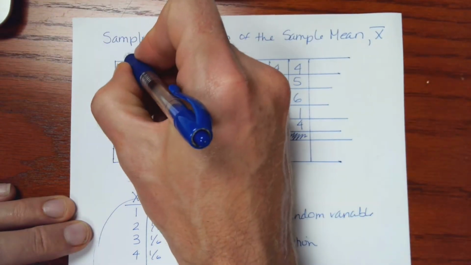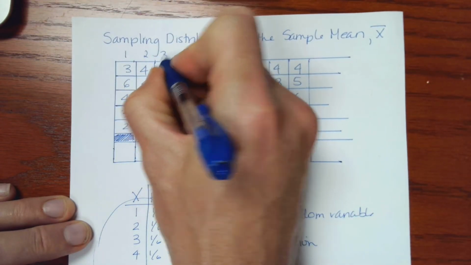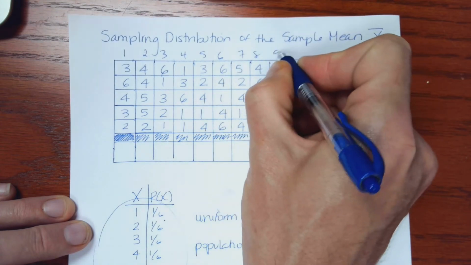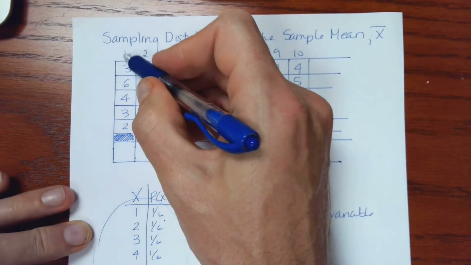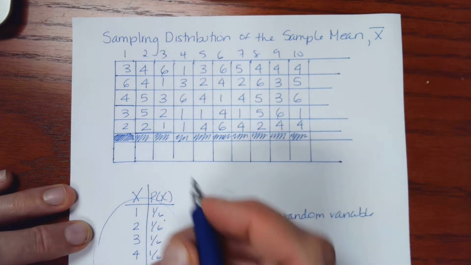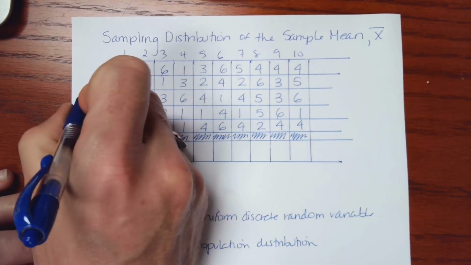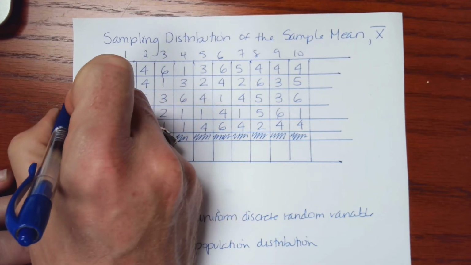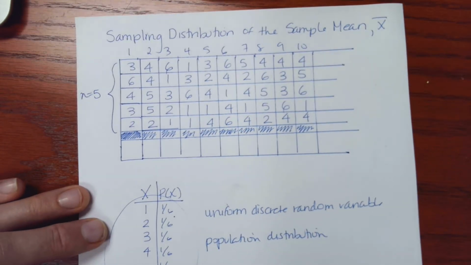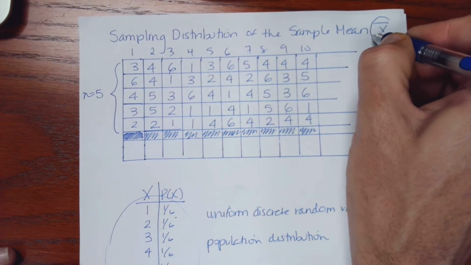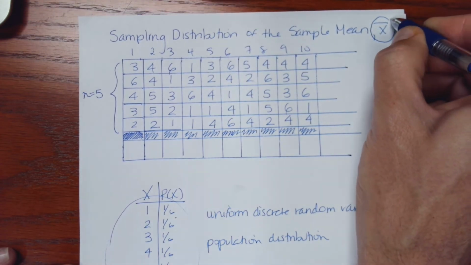And so let's look down each of these columns and consider this to be 10 samples, each with, let's see, there are 5 rows here. So this would be, we'll say n equals 5. And so I want to calculate the mean for each of these samples.